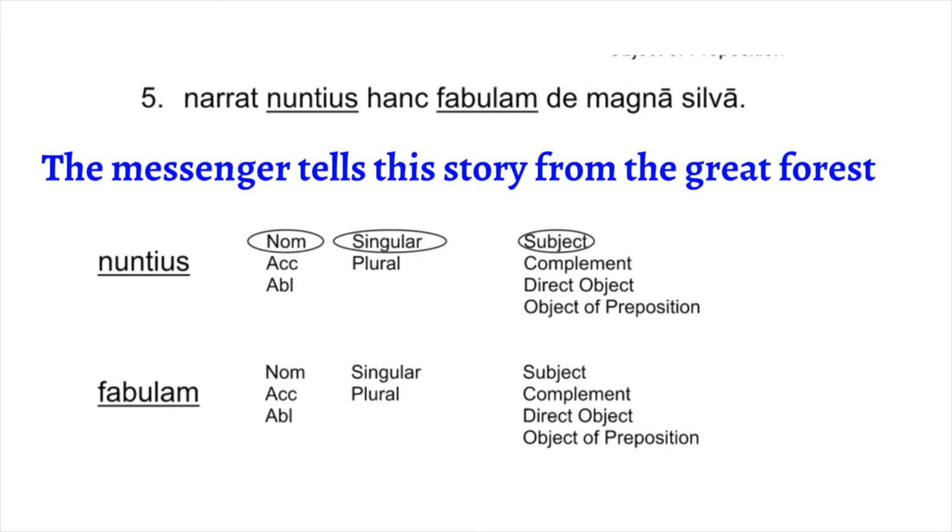Fabulam, as you know from Fabula Friday, means story, and the ending is accusative, matching hanc, which is the accusative feminine singular of hic, haec, hoc. It's singular, one story that's being told, and it is a direct object.